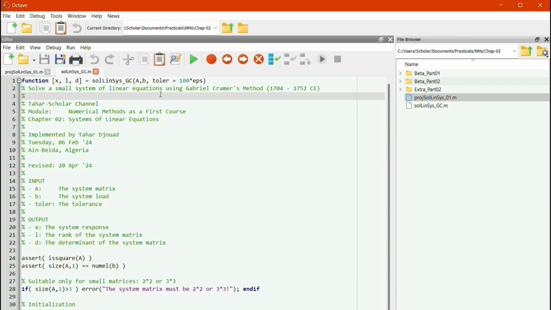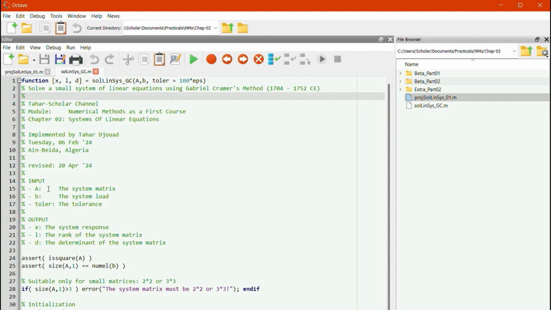Any number in its absolute value less than the tolerance is 0. And we take by default the value 100 times eps, like we have done in previous practicals in chapter 1 and in the crash course programming with MATLAB. And we get as output the solution, the rank, and the determinant.